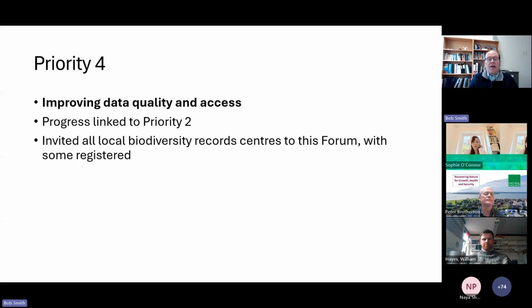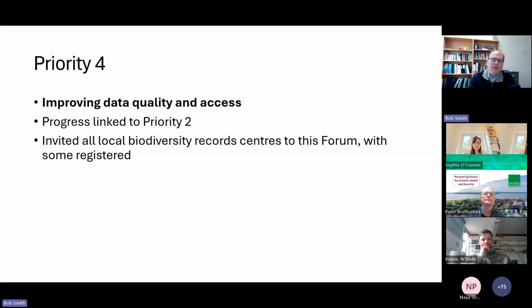Finally, one of the priorities that came out of last year was that we need to improve data quality and access. We need to improve the quality of the spatial data that we're using in these decisions. A big part of that is linked to priority 2, identifying what are the important features that we need to map.